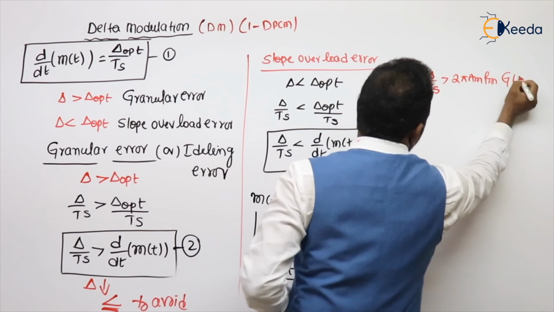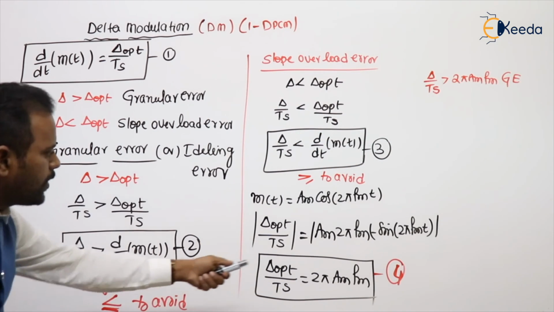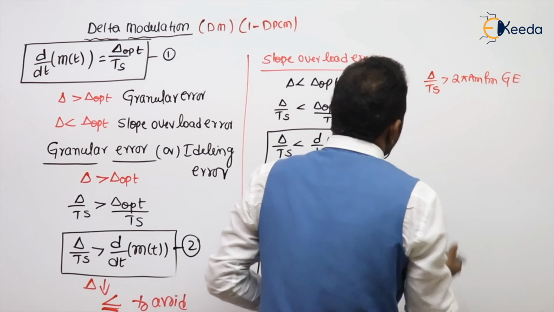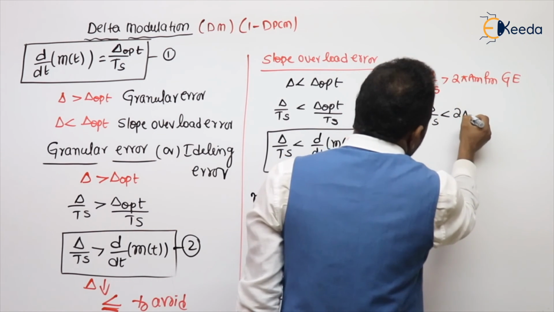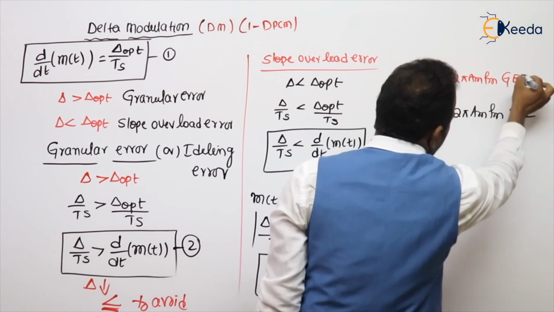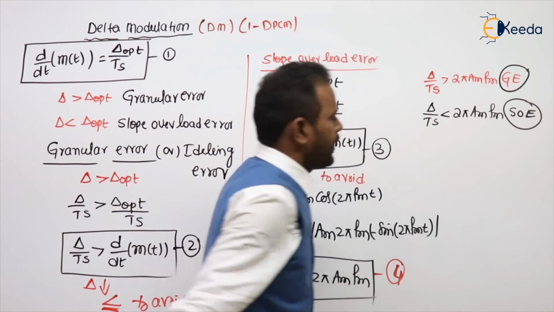This is for granular error. Delta by Ts, this value I substituted there. What about the slope overload error? Delta by Ts less than 2 pi Am fm. This is for slope overload. This is for granular error. This is for slope overload error.